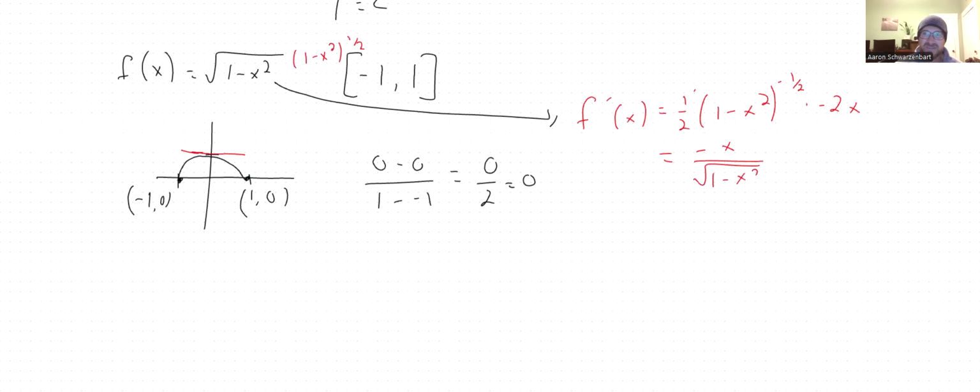So the 2's cancel, the negatives don't, the x goes to the top. And I know this has to equal 0. Well, to solve, I'll multiply both sides by the denominator. And this lovely thing happens when I multiply by 0, it's still 0. So x equals 0, my c is 0.